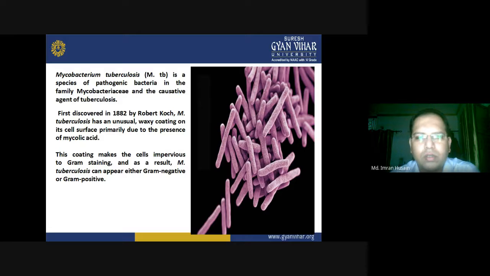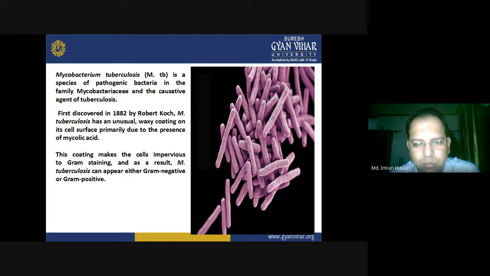This coating makes the cells impervious to gram staining, and as a result, Mycobacterium tuberculosis can appear either gram negative or gram positive.